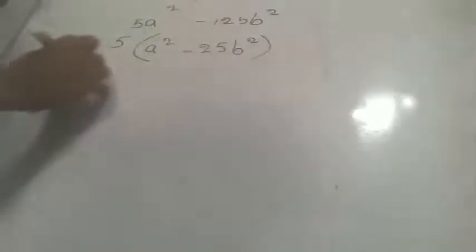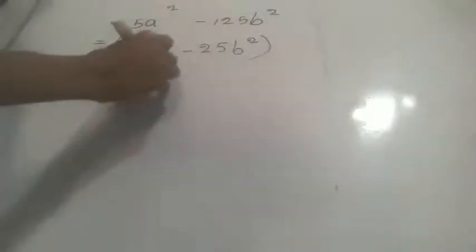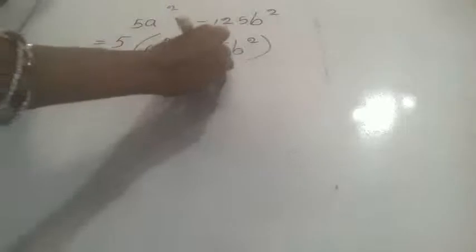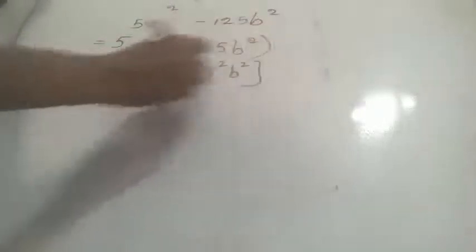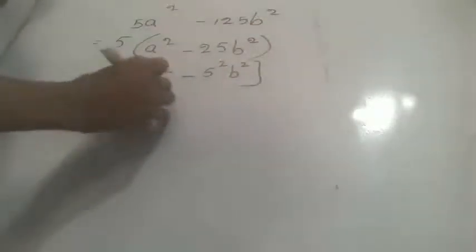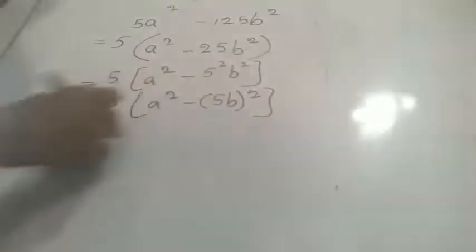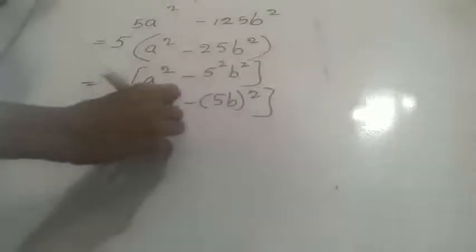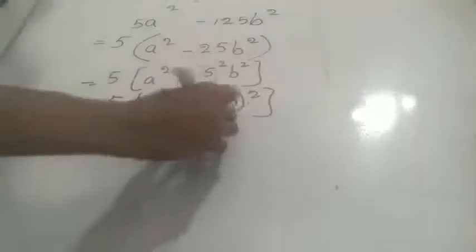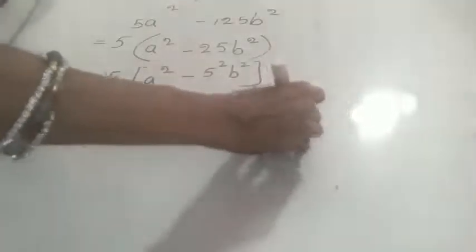Subtract 125 divided by 5 is equal to 25 b squared. 5 times a squared subtract 5 squared b squared. 5 times a squared subtract 5b squared. 5 times a plus 5b, a subtract 5b.